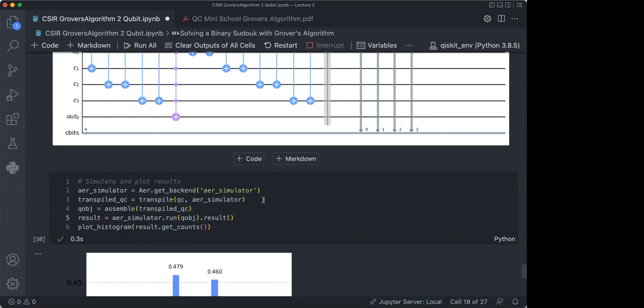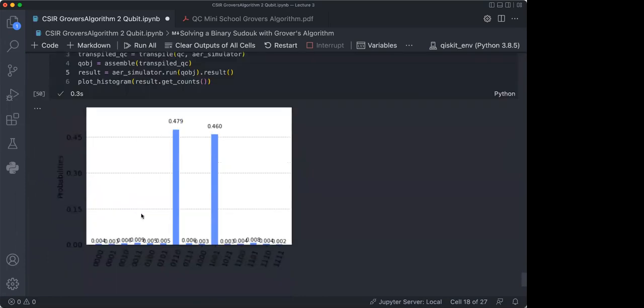I'm not going to go into detail on what transpilation does, but if you're interested, you can Google this or look for it in the Qiskit documentation. And then once we've done that, we're going to assemble our transpiled quantum circuit, and we're going to run it. So we're going to do simulator.run, and we'll run our transpiled circuit. We get the result, and we plot the counts, and this is what it looks like.